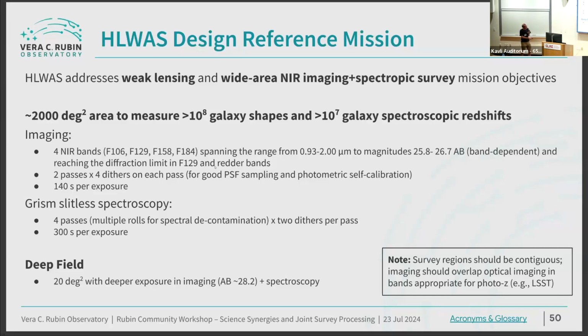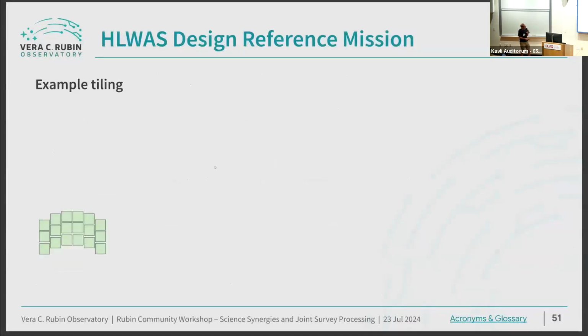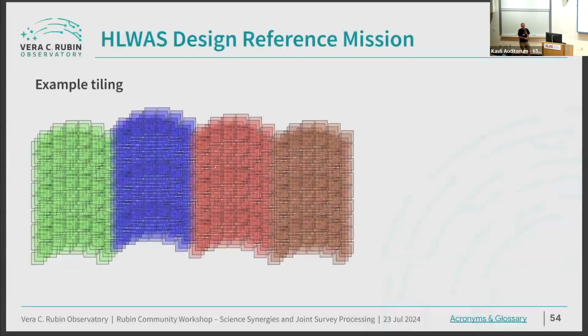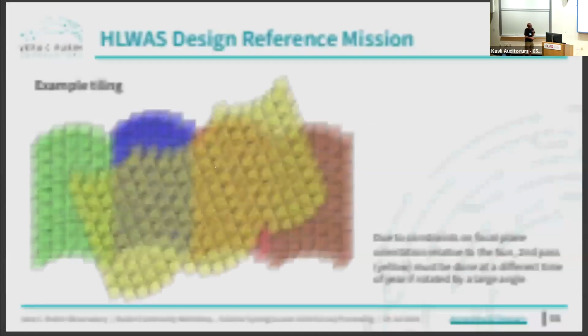So in terms of what this would look like as an example tiling, this would be one field of view for Roman with a wide area imager. You could do a tiling like this, and then one pass would basically be building up area in a pattern like the following. And then there would be a second pass.